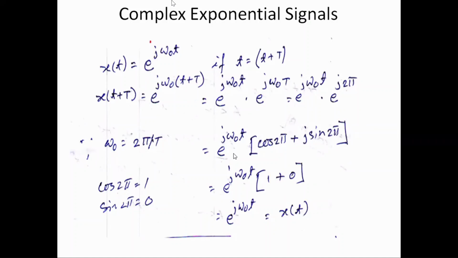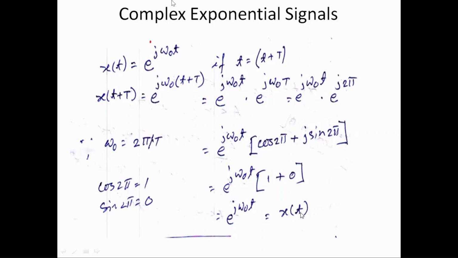Yes, sir. Okay, then cos twice pi means 1 and sine twice pi means 0. So within the bracket it is 1 plus 0, and the j part is not there, and what remains is e to the power j omega 0 t. That is x(t) equals e to the power j omega 0 t. So x(t plus T) equals x(t).